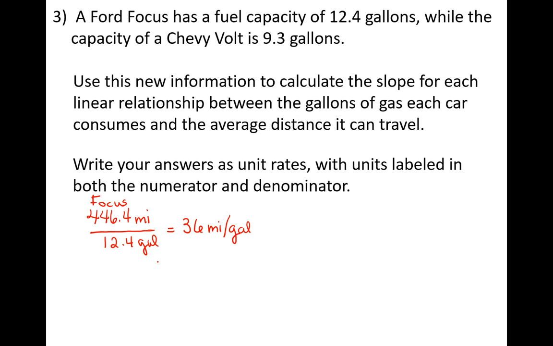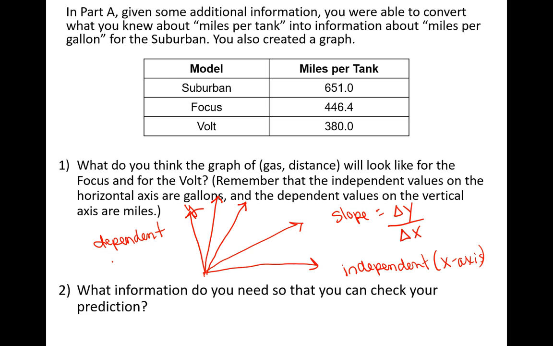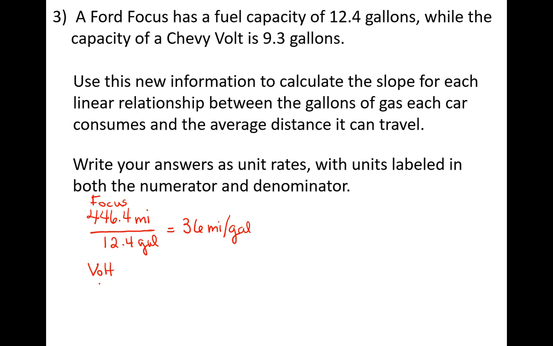The Suburban was only 21. Now for the Volt, it can go 380 miles. It has a very small gas tank. It only holds 9.3 gallons. 380 divided by 9.3 is 40.9 miles per gallon.